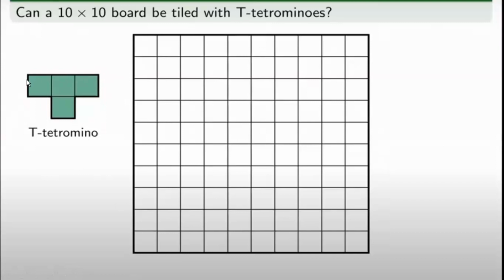Obviously it's a valid question because T tetrominoes have 4 squares and a 10 into 10 board has 100, so technically we should be able to tile it with 25 T tetrominoes. But you need to either find a construction or give me a contradiction. I'll give 5-6 minutes for this.